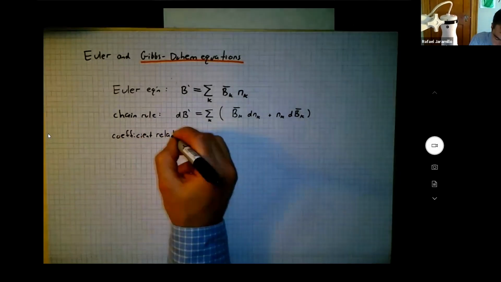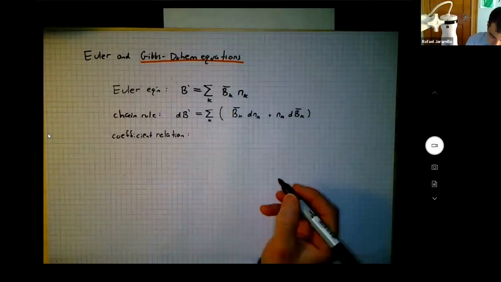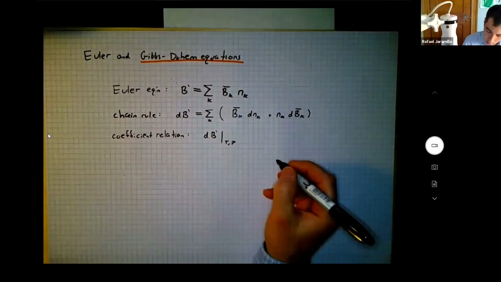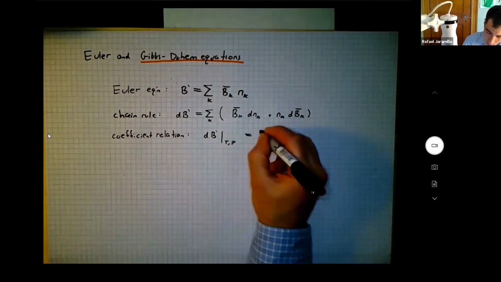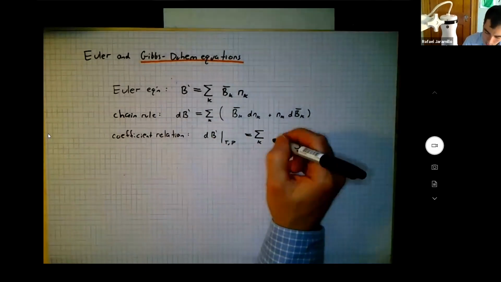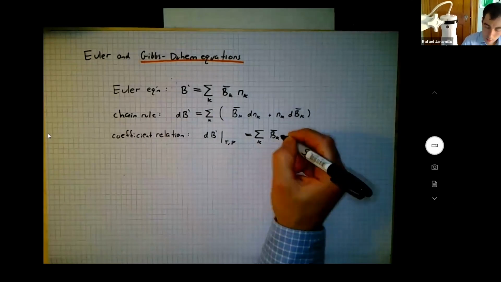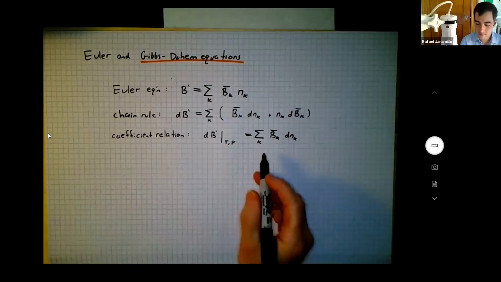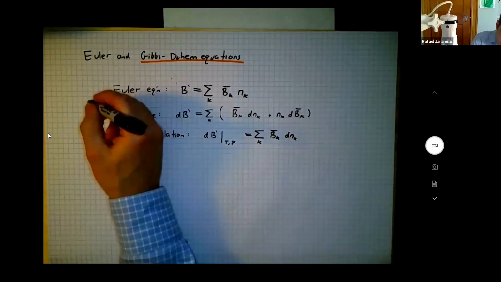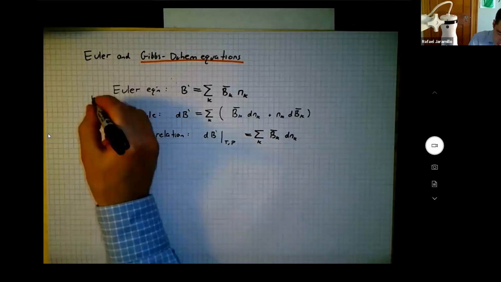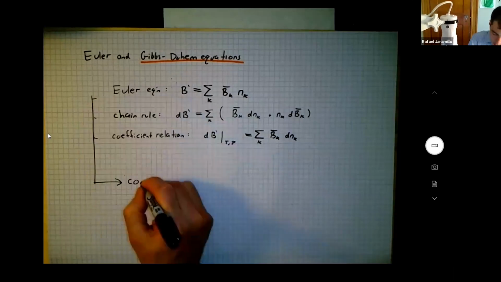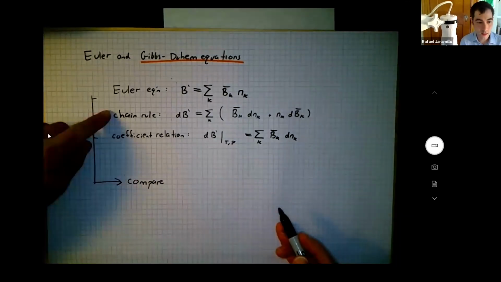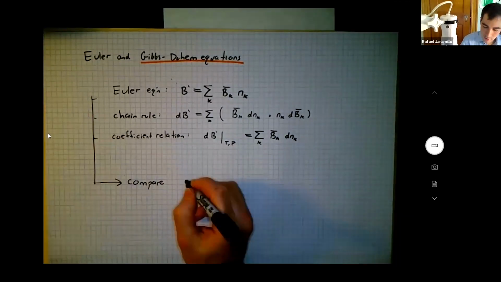The coefficient relation is that dB at constant temperature and pressure equals the expression from the beginning when we defined the partial molar property. And so what we're going to do is simply compare these expressions, this and this, and we find that one of these two sums is 0.